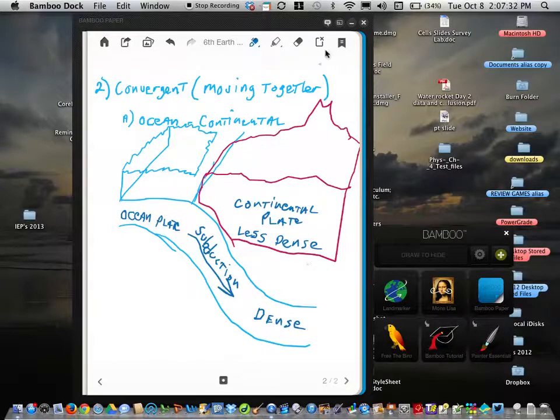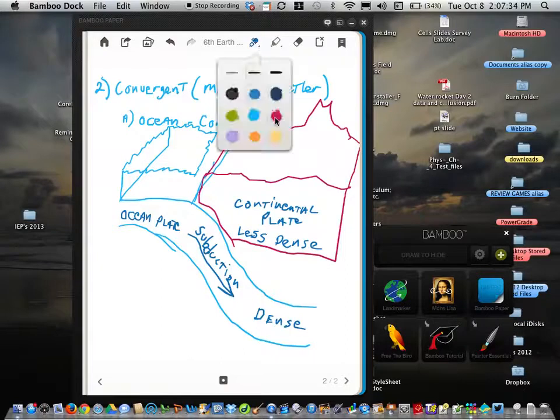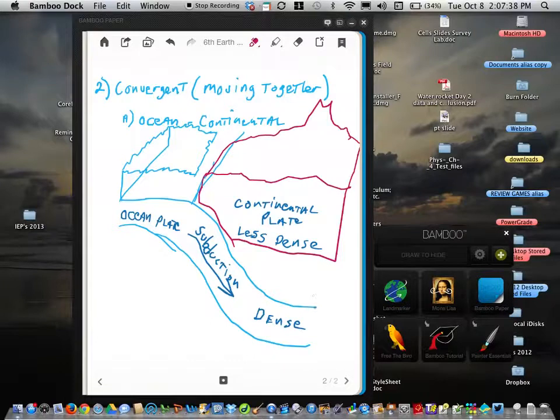And what happens in this kind of situation is that you get high heat and pressure down deep in the earth, and that creates melting of the rock, which forms volcanoes.